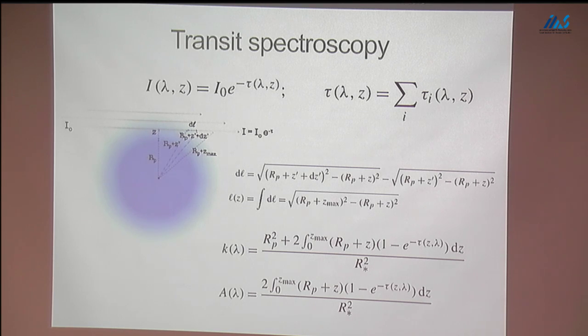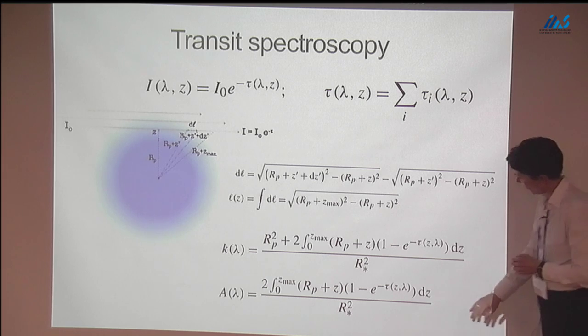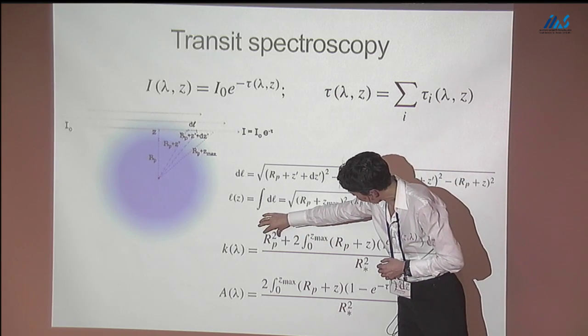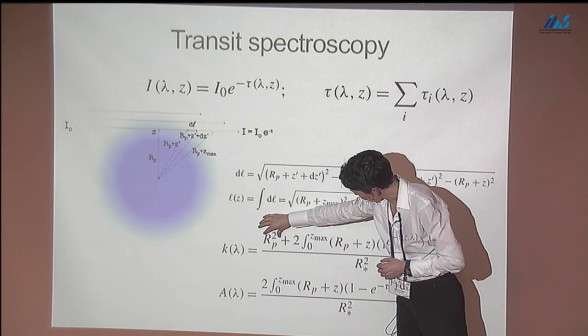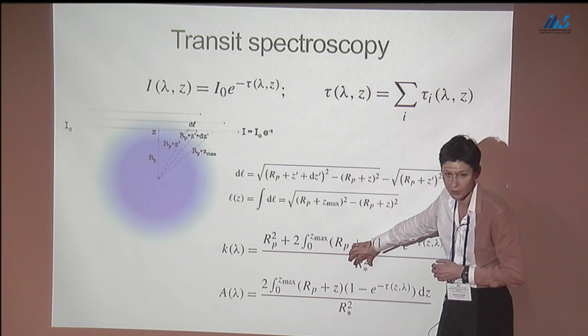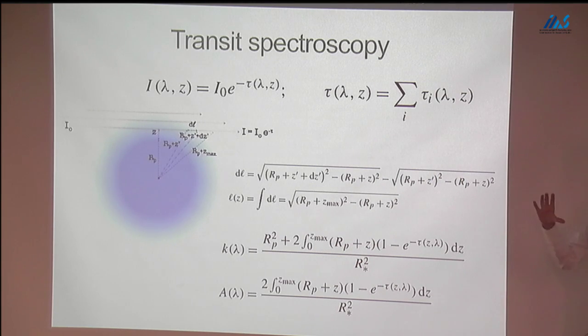So at the end, what we are basically calculating is an expression like this, where basically here I have the radius of the planet squared divided by the radius of the star squared. And this is basically the bulk of the planet, the one that is opaque at any wavelength. If it is a terrestrial planet, it is probably the radius of the surface of your planet.